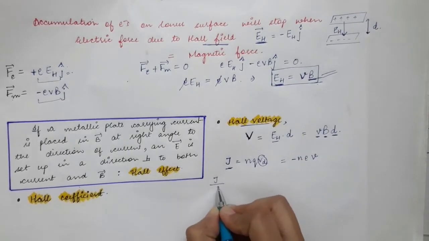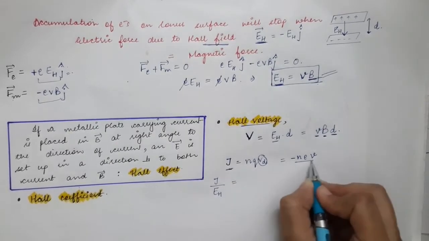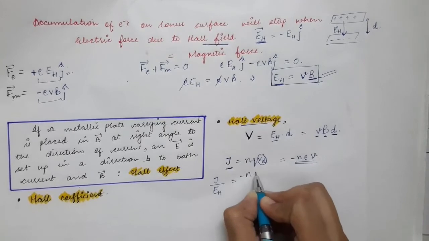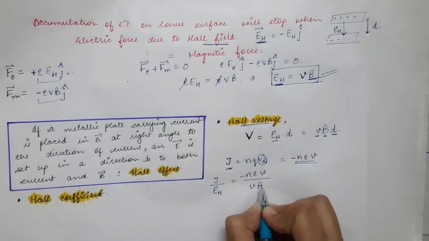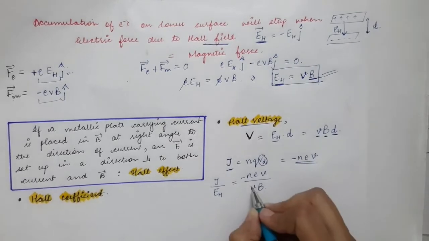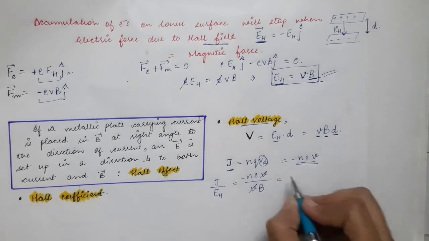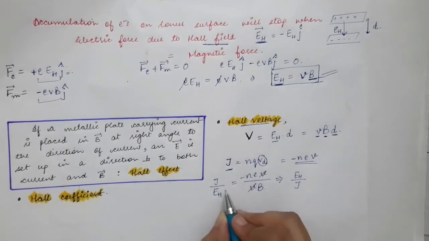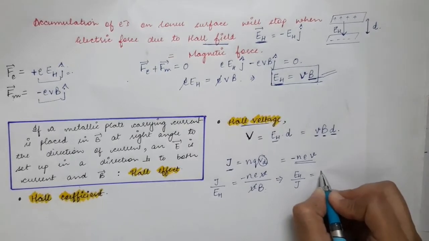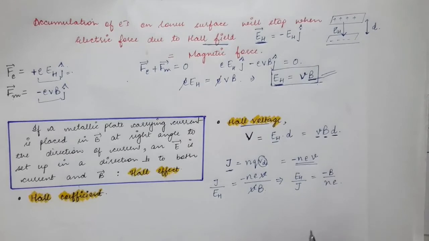You will get J divided by EH equal to minus n e v divided by v into B. So v will cancel, and you will get EH divided by J equal to minus B divided by n e.